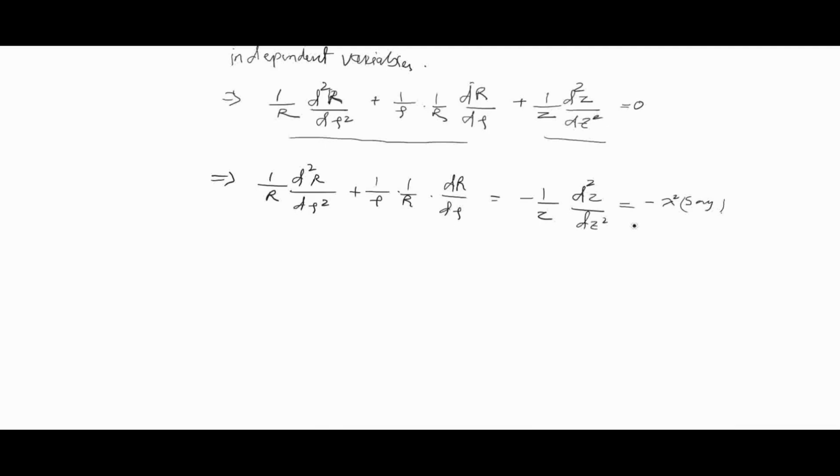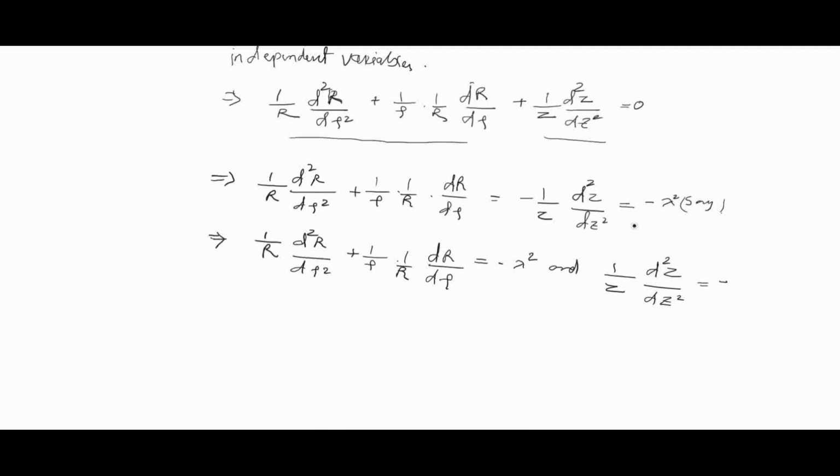Then what we will get? (1/R) d²R/dρ² + (1/ρ)(1/R) dR/dρ equals minus lambda squared, and (1/Z) d²Z/dz² is equal to, with the minus sign, lambda squared.